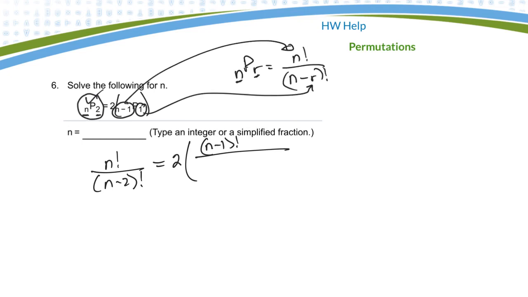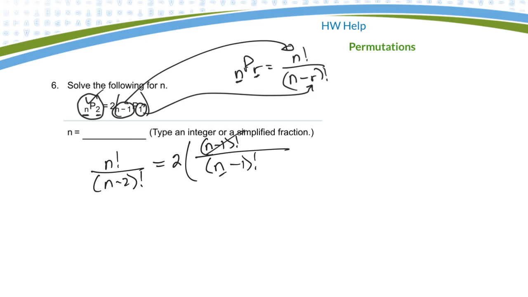So on the bottom, I'd have n minus 1 factorial. Is that right? So plug that in for there, n minus 1 factorial all over n minus 1 factorial.